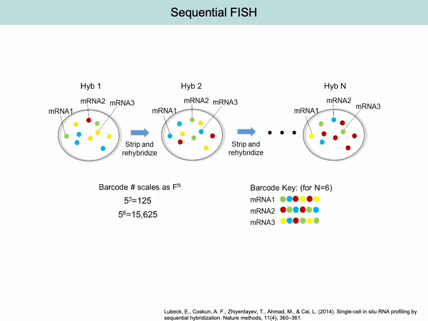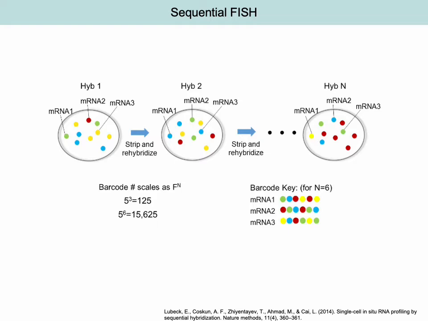You can generate a temporal barcode across multiple rounds, and this allows you to distinguish between the different species. So if you start with 5 colors, just 3 rounds of hybridization will give you 125 barcodes.